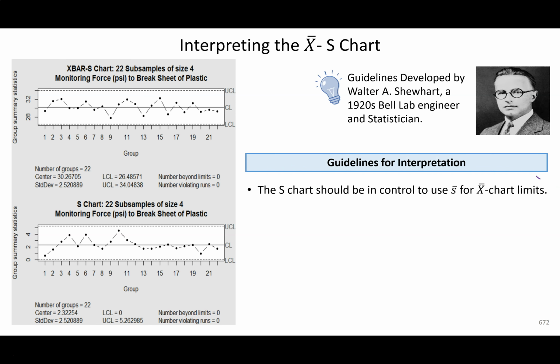Remember, in order to use the X bar chart, in order to trust using S bar to create the limits, we need to know the S chart is in control. So if the S chart's not in control, you don't want to use the X bar S chart. There is also an X bar R chart. We tend to use R less often than S, but we'll talk about that.